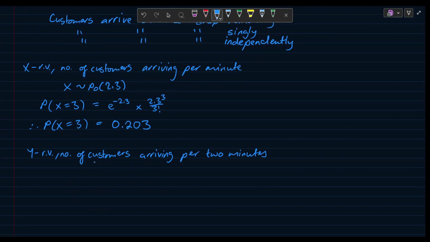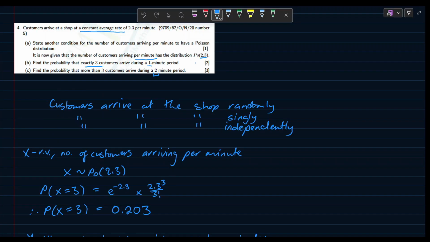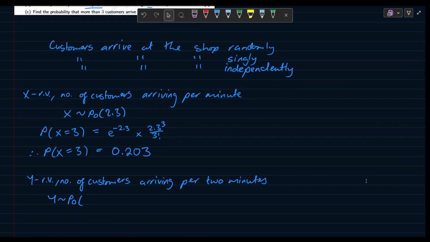So it means y follows a Poisson distribution, but our lambda now, if the customers are arriving at a constant average rate of 2.3 per minute, what about per 2 minutes? That means that's 2.3 times 2, since we're now doing per 2 minutes. So when your interval changes, your lambda is also going to change with your interval as well.